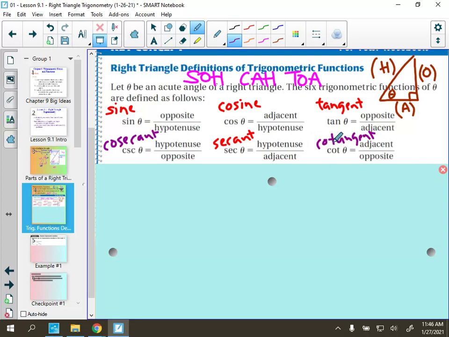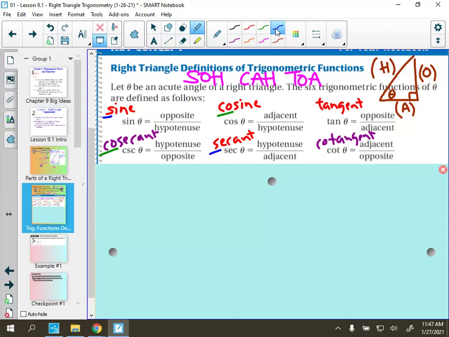Here's what I do. I can give you the Mr. Kroll spin on it. You would think it makes so much sense for cosecant to go with cosine, right? Doesn't that make so much common sense? Cosecant, cosine, and sine to go with secant, right? Yeah, well, that's not how it goes.